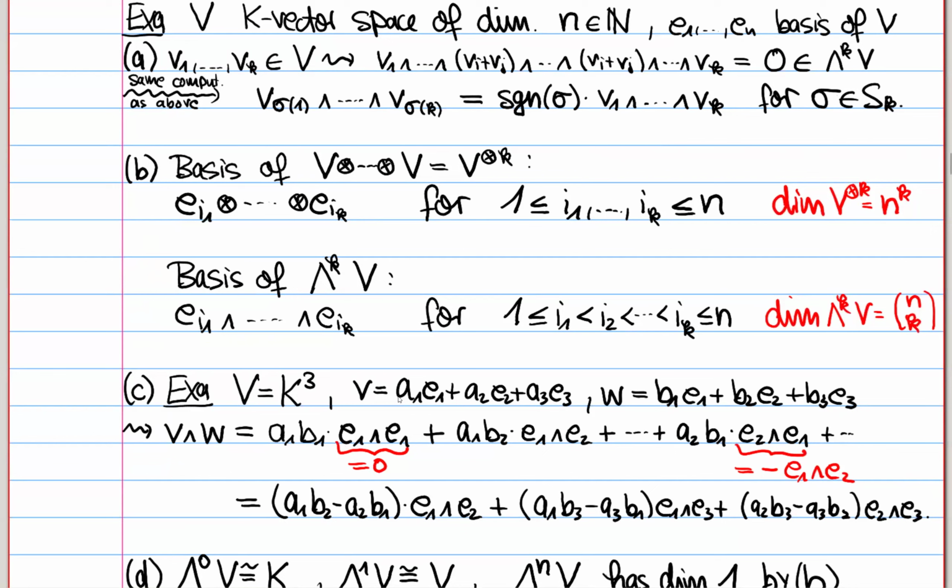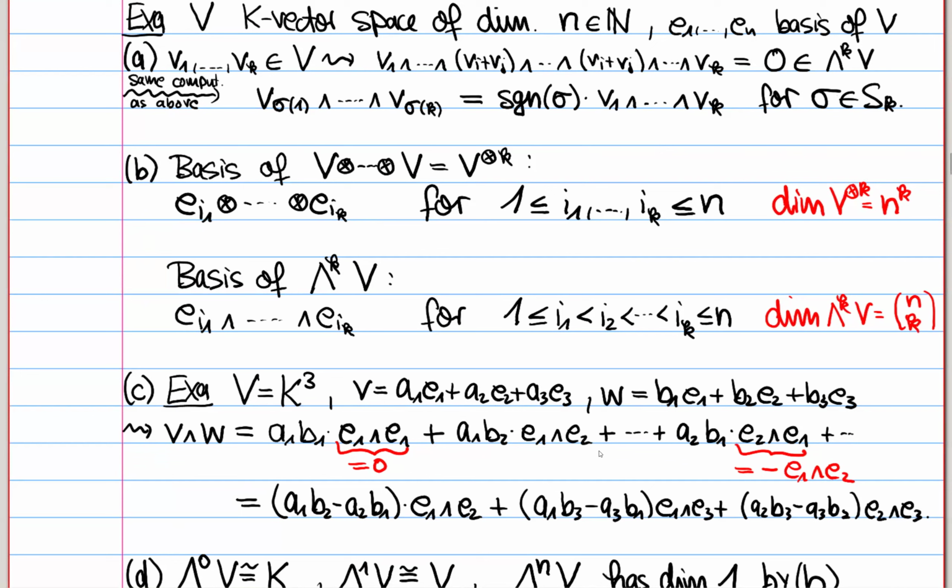So for example, this wedge product is also multilinear. And so, for example, the first term is a1 e1 wedge b1 e1. So we collect the numbers a1, b1, and then we have e1 wedge e1. In this case, of course, this thing vanishes. The next term doesn't vanish. In fact, a1, if you combine it with b2, then you get this term.